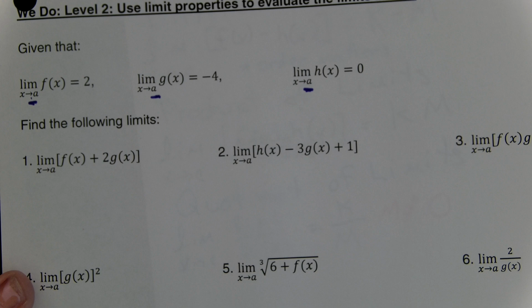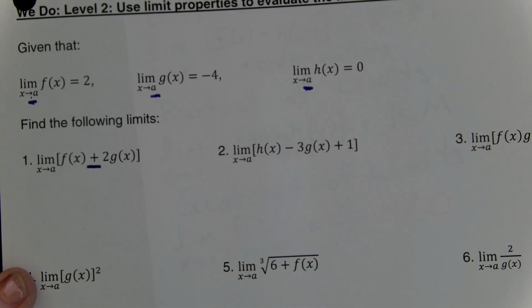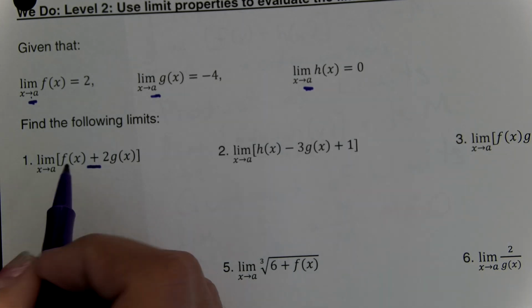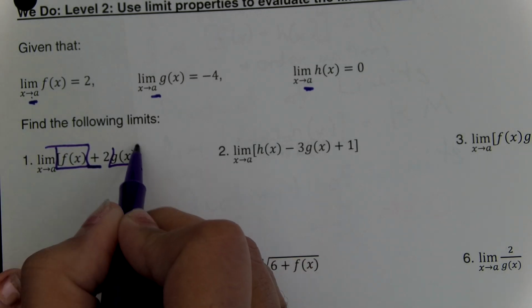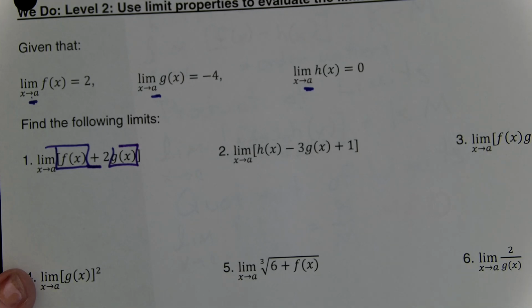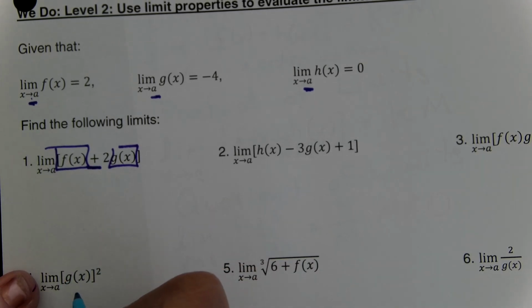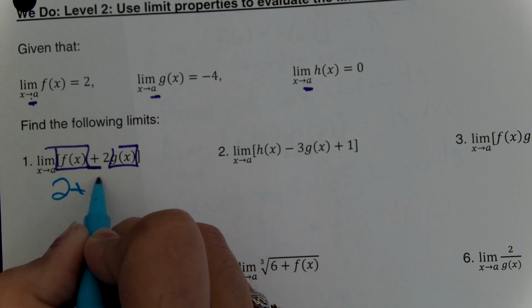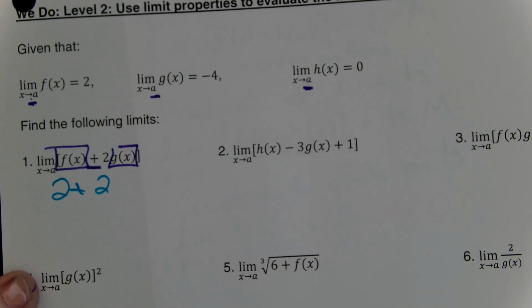So this is how we use the properties. This is addition. This is the sum, which means all I'm going to do is take whatever f of x is and whatever g of x is and just substitute in those values. What is the value of f of x? 2. What is the value of g of x? Not negative 2.